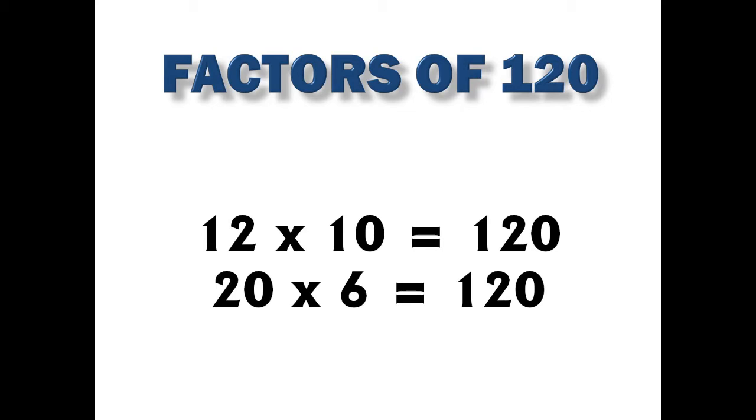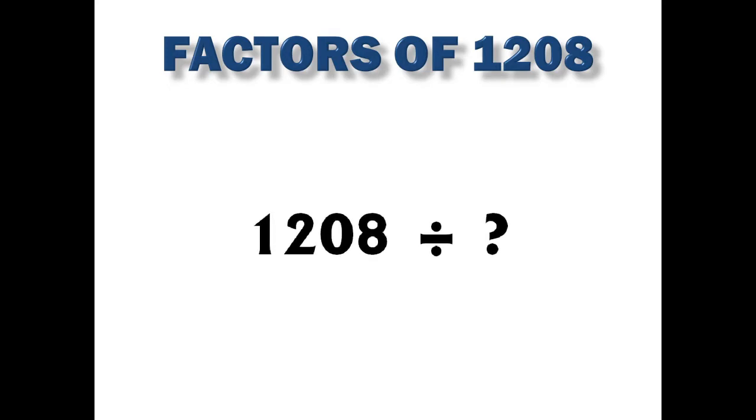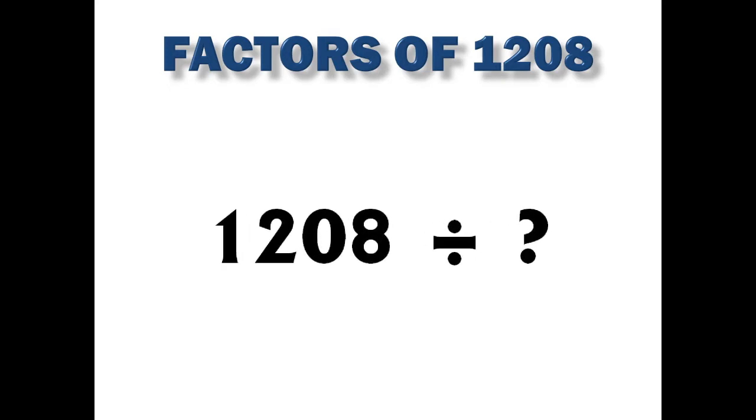But you can't predict factors of 1208. For that, you need to divide 1208 by a number which can be a possible factor of 1208. In such cases where we are clueless about the factors of a number, divisibility test helps us a lot.